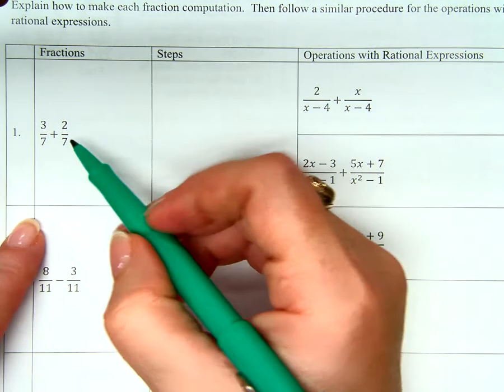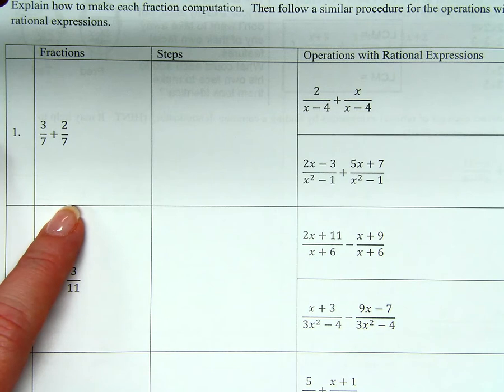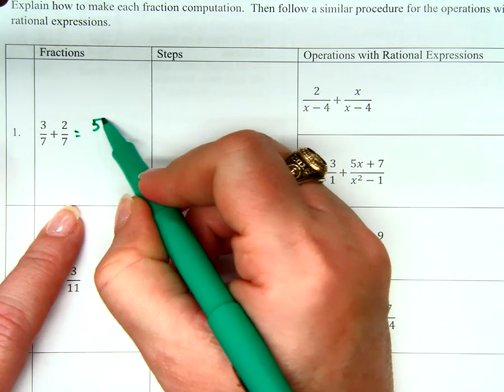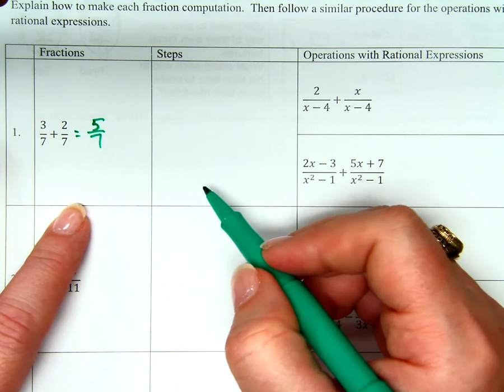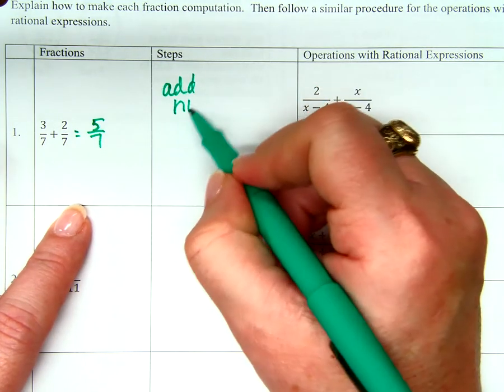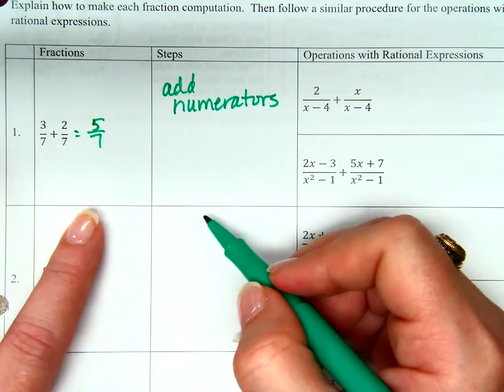Okay? So, what do I do in a case like number 1? So I get 5 over 7. So when you have a common denominator, you add numerators. And what do you do with a denominator?